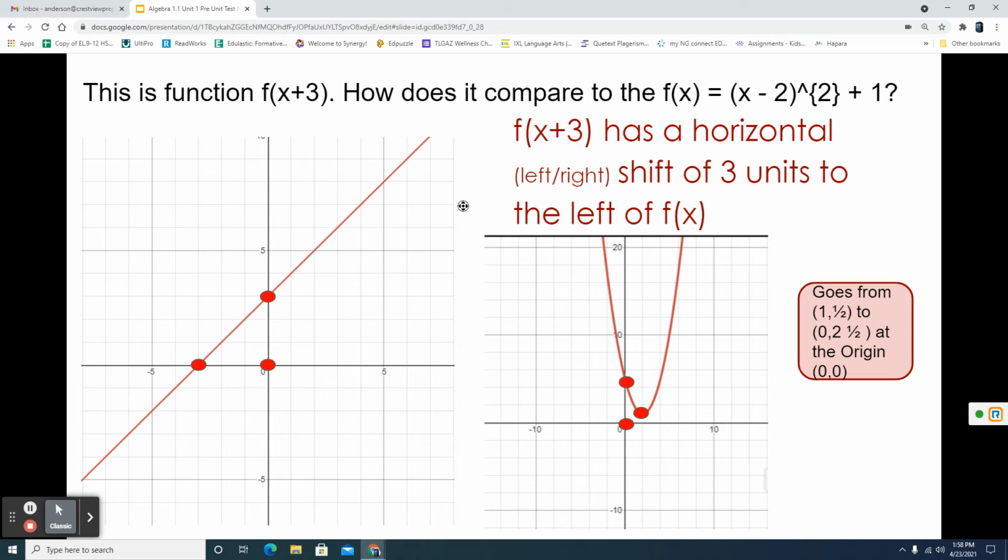Fx plus 3 has a horizontal, meaning left-right, shift of 3 units to the left of our function of x. Here is our origin, 0, 0, 1, 2, 3, 3 units to the left, whereas this parabola, if you recall, was 2 units to the right and 1 unit up. That's how it compares. When you're comparing, you're just showing how it's alike and how it's different.